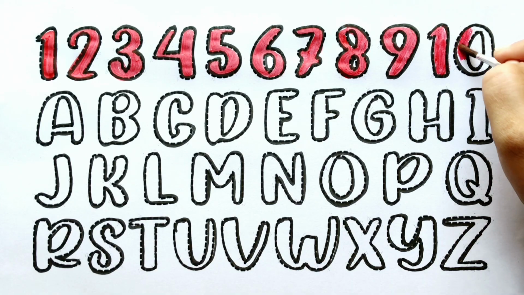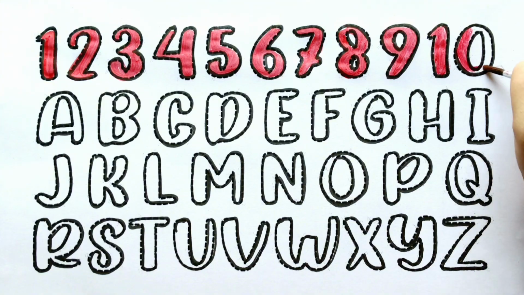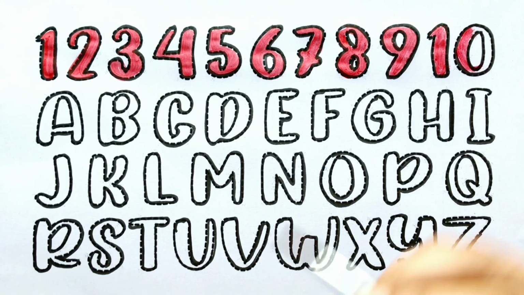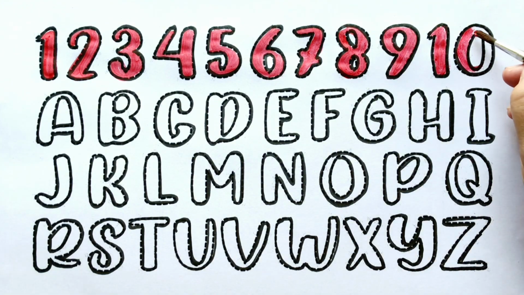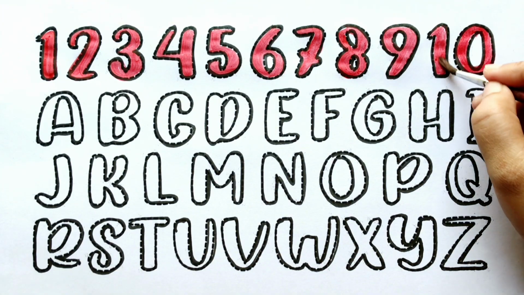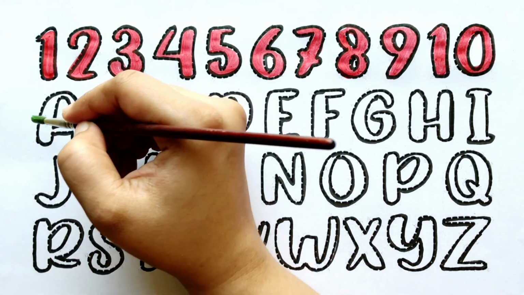A B C D E F G H I J K L M N O P Q R S T U V W X Y and Z. Now I know my ABCs.